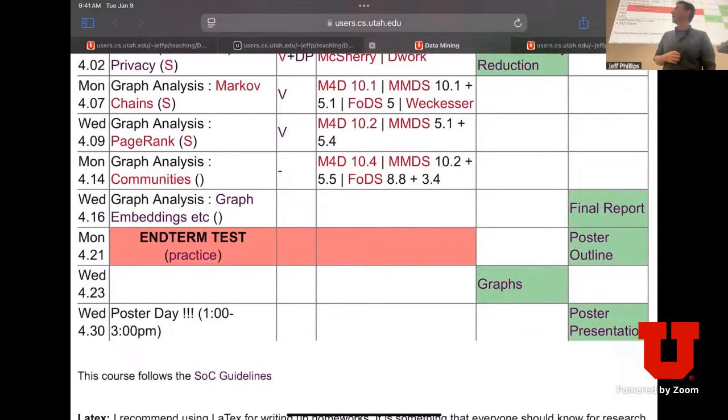Another thing is the final report is due on Wednesday this week, right? So that's coming up pretty soon. We talked about that more in the previous lecture, Wednesday last week. So I'm not going to go over everything, but again, 4 pages per member of the group. Don't make it too long.